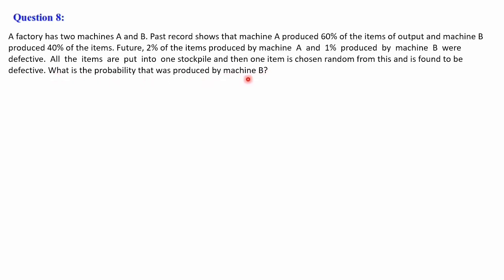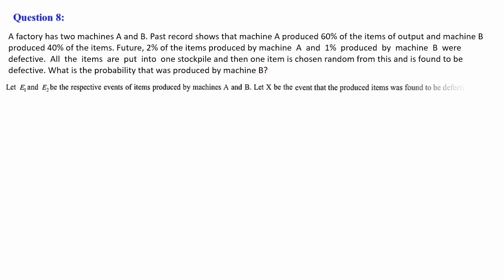So it is a reverse probability question. So let's define E1 and E2. Here there are only two things mentioned, that is machine A and B. So let E1 and E2 be the respective events of the items produced by machines A and B. And let X be the event that the produced item was found to be defective. So a chosen item is defective, that is event X. Here we are not taking event A because A and B are already mentioned with the machines.